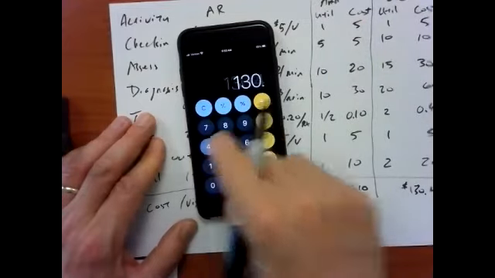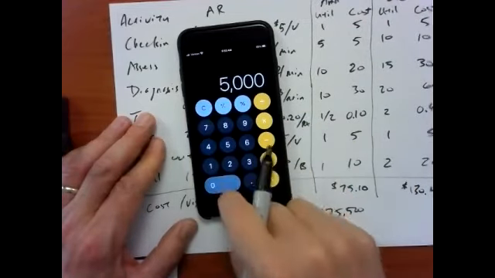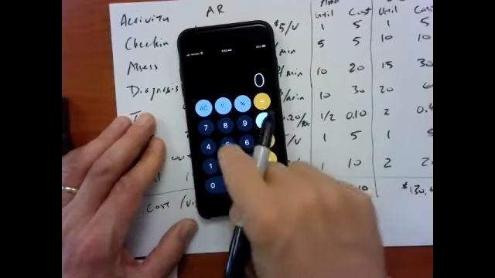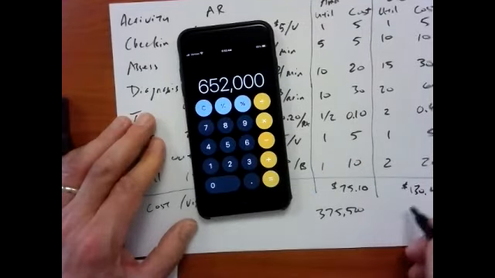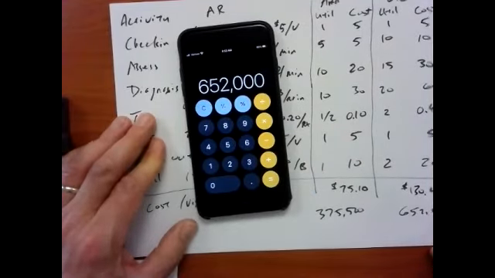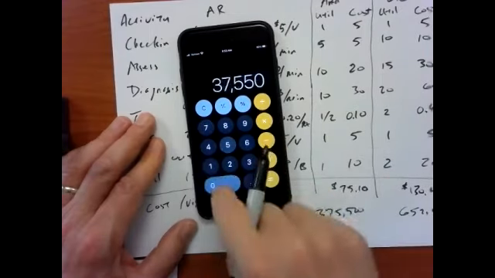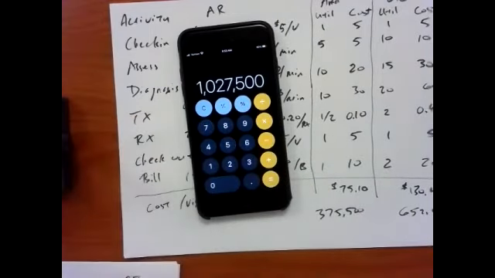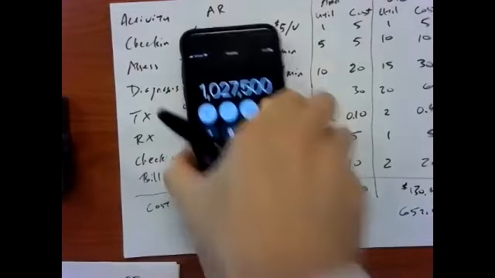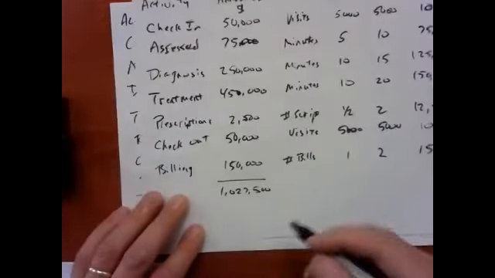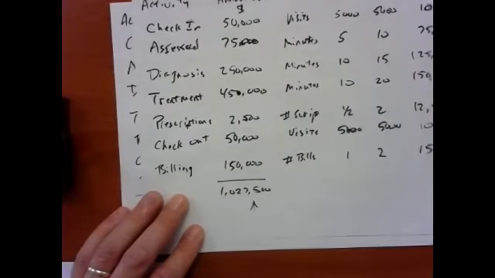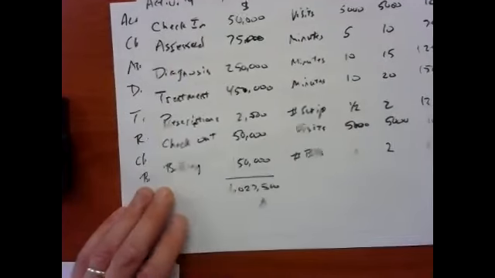And 130.4 times 5,000 is $652,000. Add that together, 375,500 and 652,000, and I get the $1,027,500 that we started with.